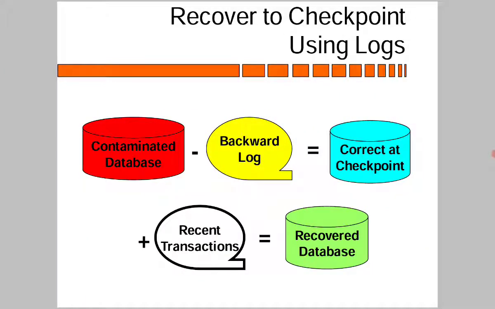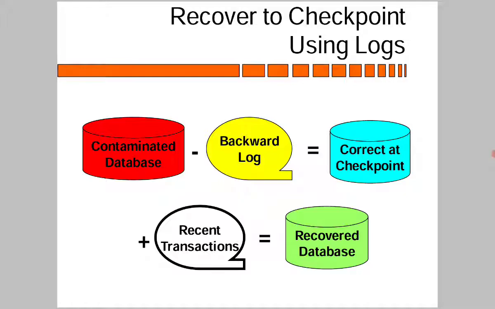So recover to checkpoint using logs. How to recover, and what is a checkpoint? A checkpoint means each and every transaction in day-to-day transactions is recorded by using checkpoints. All major transactions or all major things will be recorded with the checkpoint.